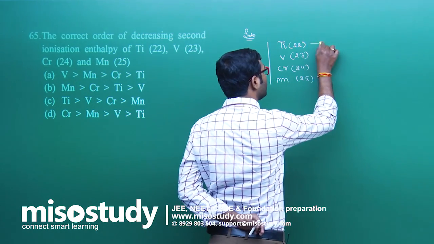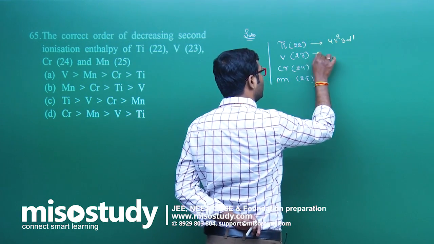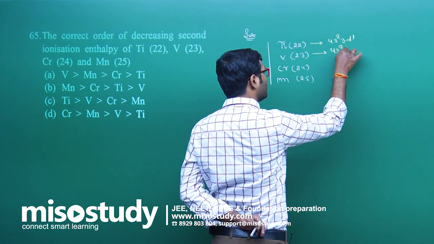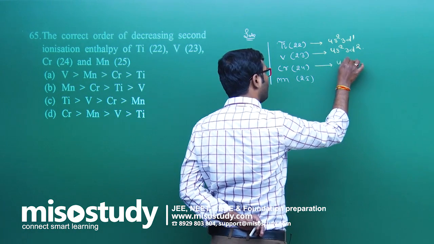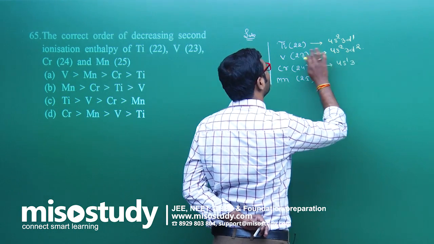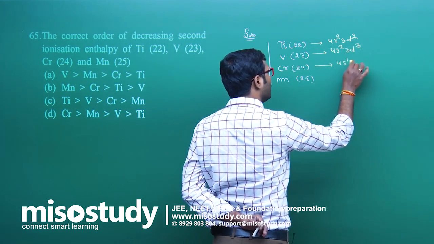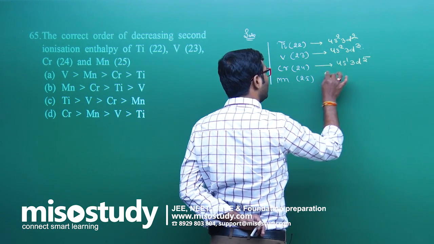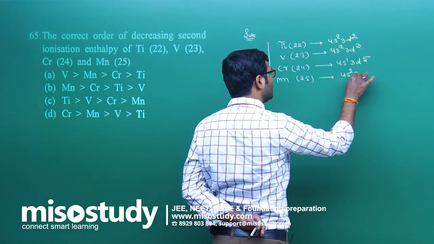Now what is the electronic configuration? We write here 4s2 3d2 for titanium, 4s2 3d3 for vanadium, 4s1 3d5 for chromium, and in Mn we will write 4s2 3d5.